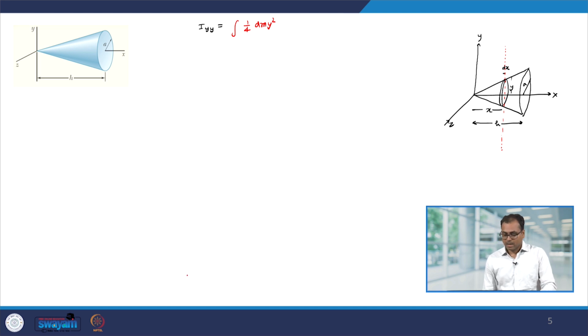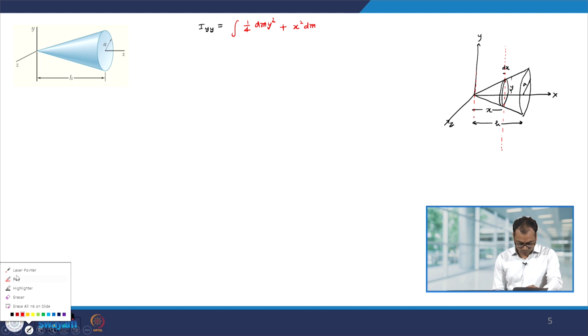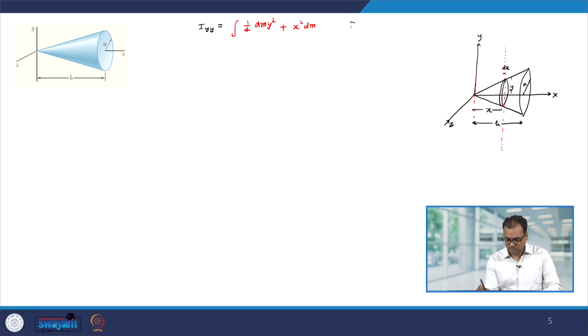Okay. And plus we have to find out the moment of inertia about this axis. So, I have to add x square dm here because this distance is x. So, therefore, plus x square dm. So, note that here I have used the parallel axis theorem.